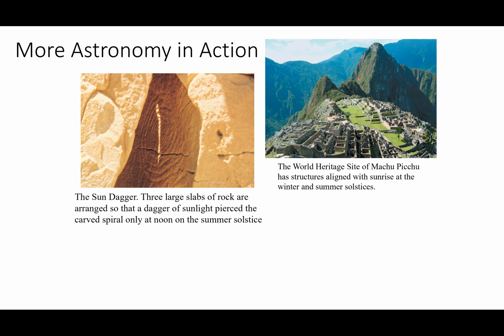This is actually then leaving the Americas. This is, thank you, South America. Another culture of Indians, natives, I should just say, that built their city around what was happening in the sky.